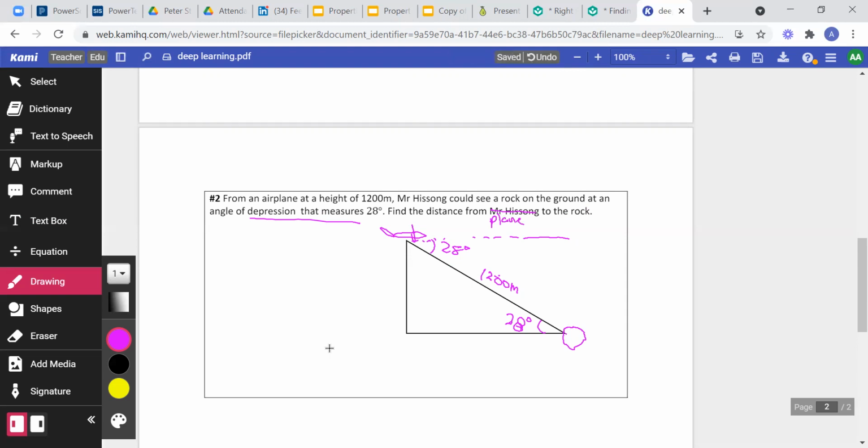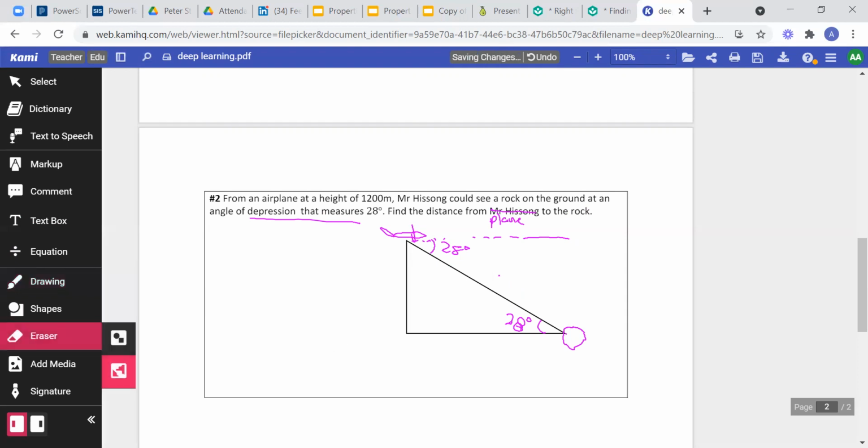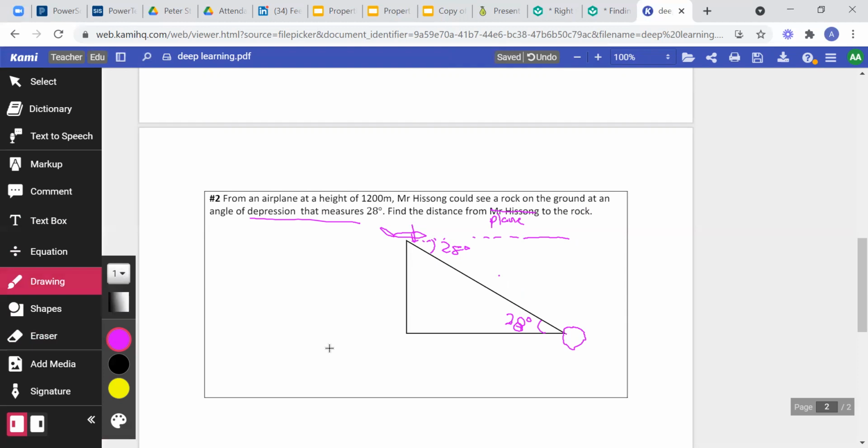If the plane is here, the 1,200 is somewhere here, because it's 1,200 above the ground. Okay, so if this is the opposite side and this is the hypotenuse, then you're going to calculate h.